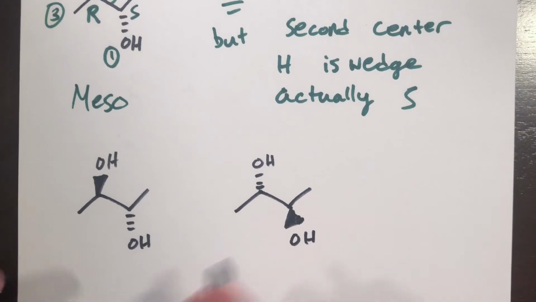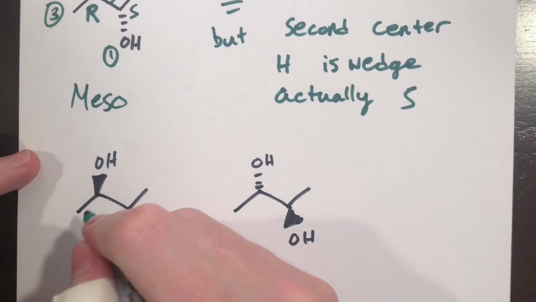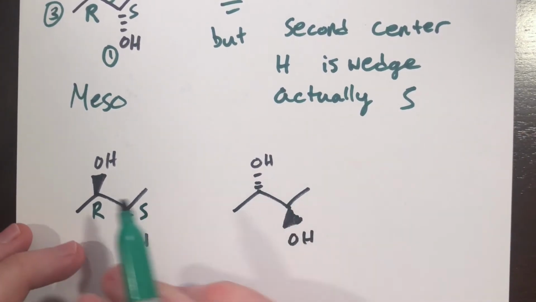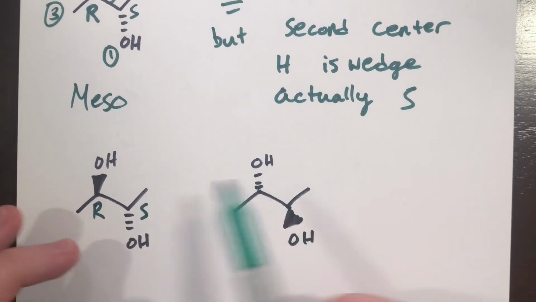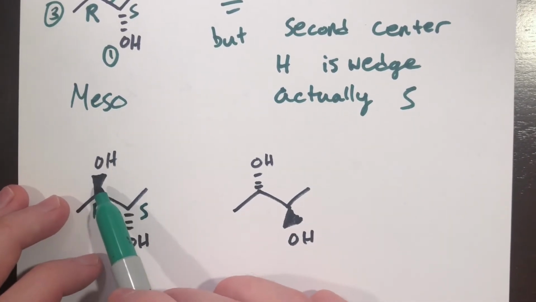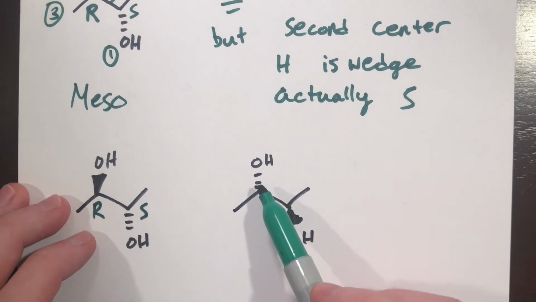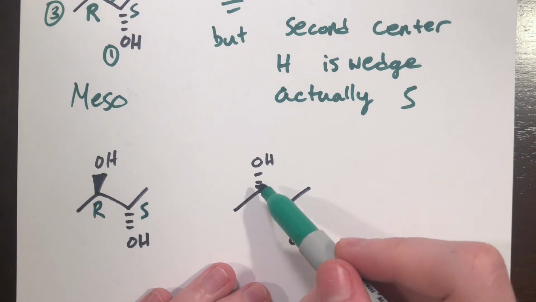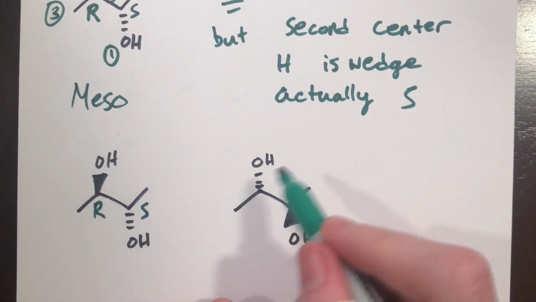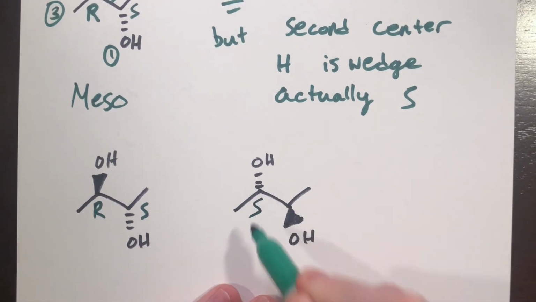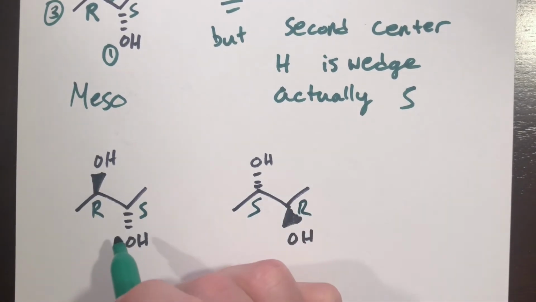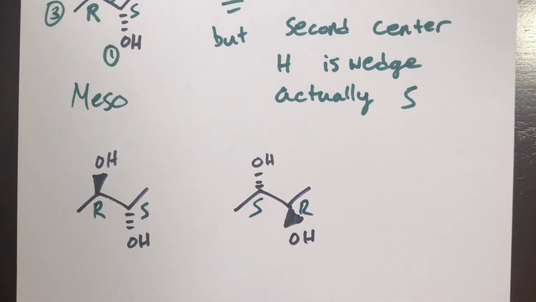So if we do this, these are in fact identical because the absolute configuration here is R, here is S. Anytime you switch two positions for the substituents in a group, like this OH is a wedge, and then the hydrogen is a dash. So now the OH is a dash, and the hydrogen would be a wedge. So that is switching two positions. So this becomes S. And vice versa, this becomes R because we've converted the dash to a wedge.